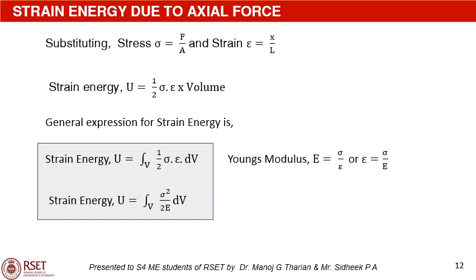We know that the stress developed in the bar sigma is equal to force F divided by the cross-sectional area A, and the strain epsilon is equal to the increase in length X divided by the original length L. Substituting for force, that is F equal to sigma into A, and for the increase in length X equal to epsilon into L, in the expression for strain energy, we get strain energy U equal to half sigma into A into epsilon into L. We know that the cross-sectional area A into L will give the volume of the bar.